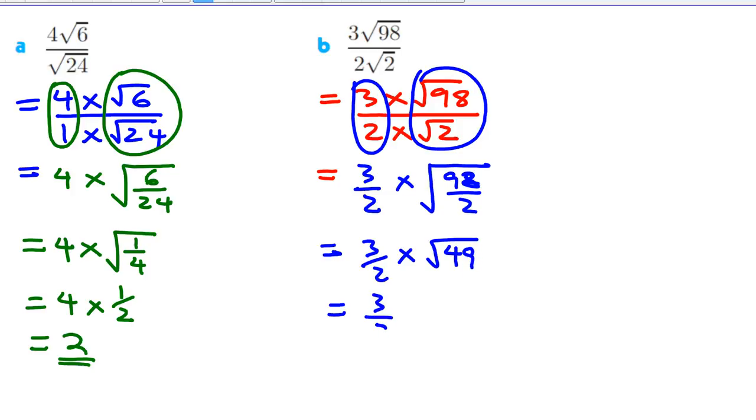So 3 over 2 multiplied by 7. Now 7 is just the same as 7 over 1. And I can multiply this fraction. 3 over 2 multiplied by 7 over 1. If you remember multiplication of fractions, this is the same as 3 multiplied by 7 over 2 multiplied by 1, which is just 21 over 2.